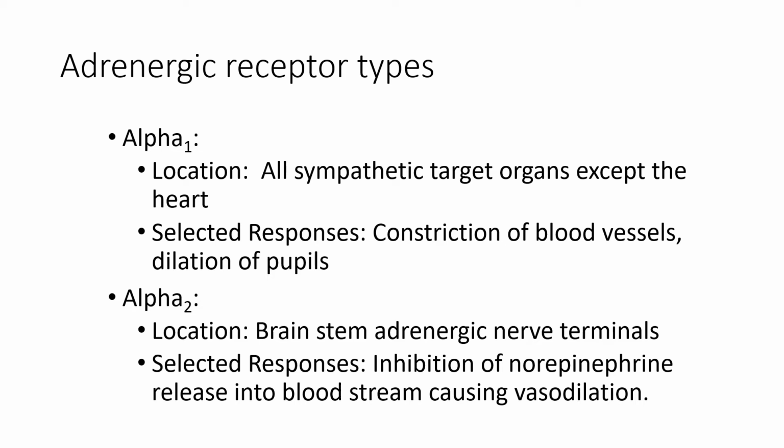So why would the body do this? Why would the body have an alpha-2 receptor system? Well, it's thought that because all the other ones, the alpha-1, the beta-1, and the beta-2, are mostly very activating, causing a big rise in your heart rate and blood pressure, vasoconstricting you and dilating your pupils, one of the theories is that the alpha-2 is kind of like a brake response.